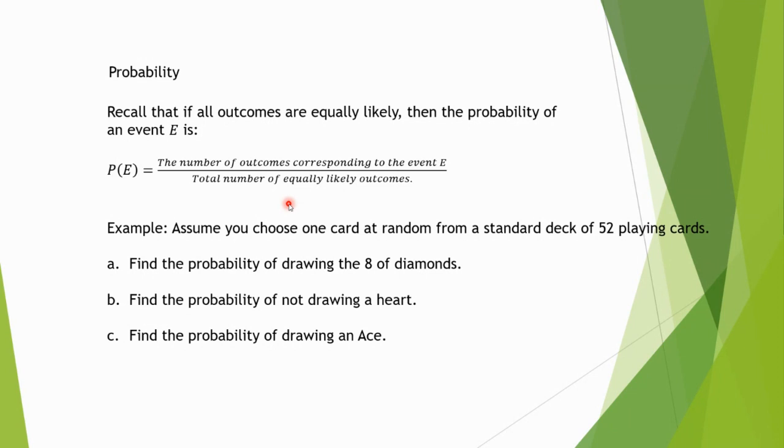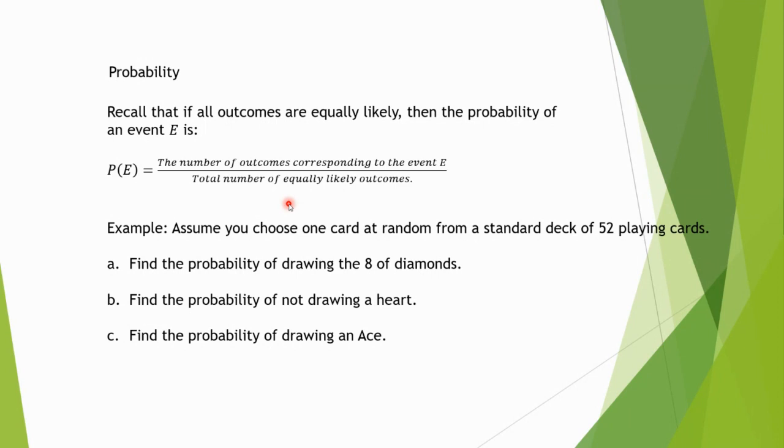We're choosing a card at random from a standard deck of 52 playing cards, right? Remember that in a standard deck there are 4 suits.